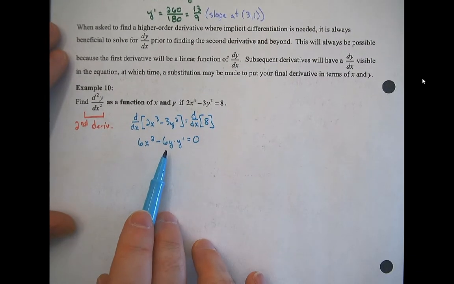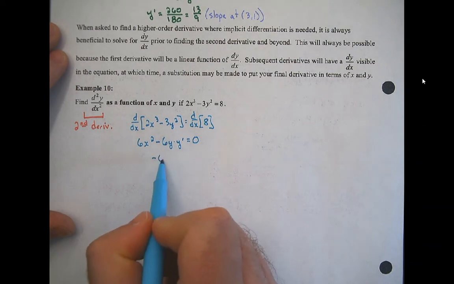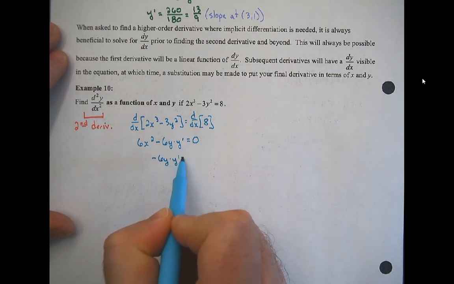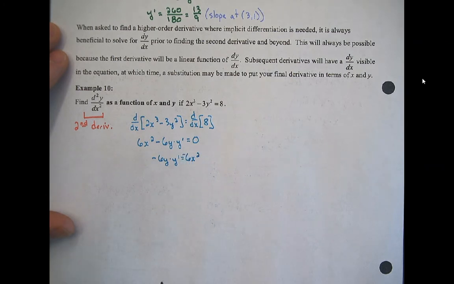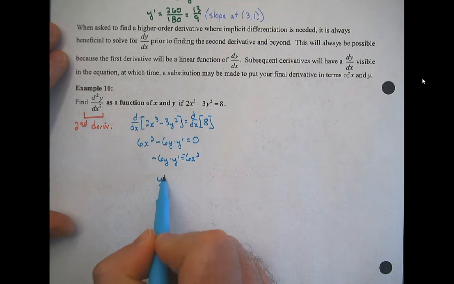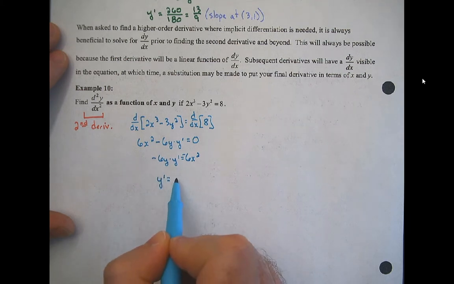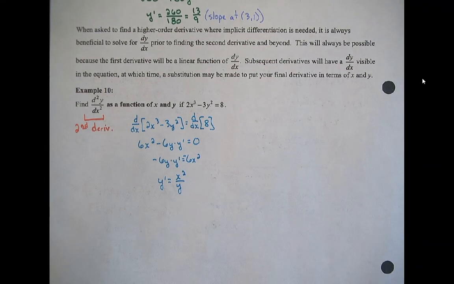Now I want to get y prime by itself, so I'm going to move this over. I would get negative 6y prime equals negative 6x squared. I'm going to save myself a step here. When I divide, I know those negative 6's are going to cancel, and I get y prime equals x squared over y.